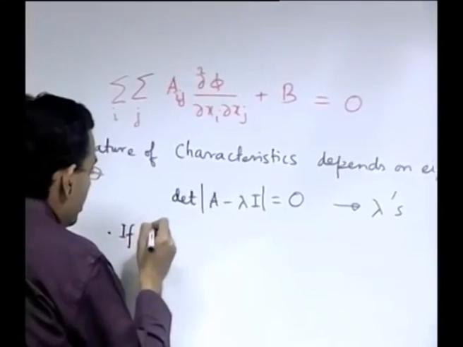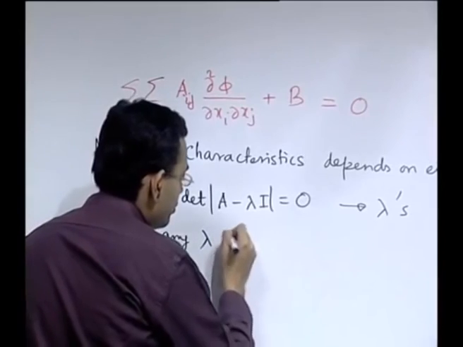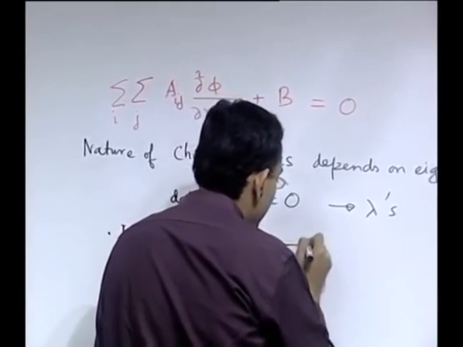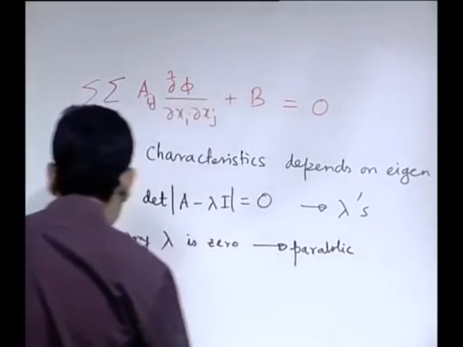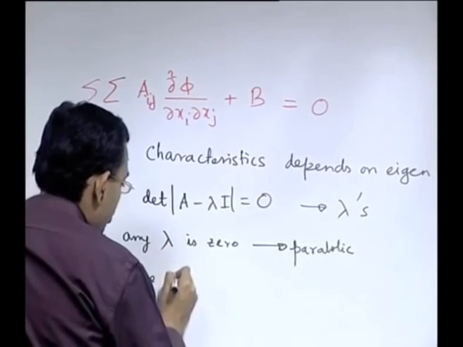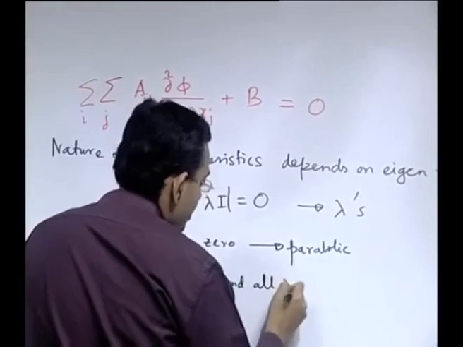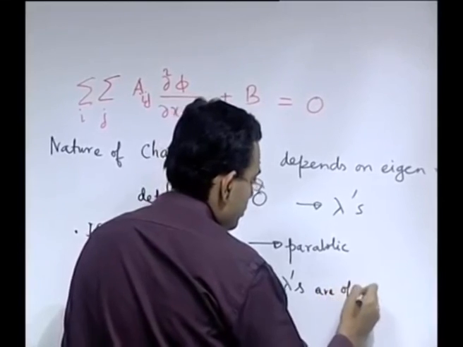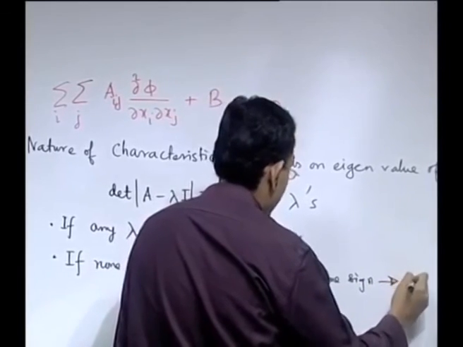If any one of the eigenvalues, any lambda, is 0, then it is a parabolic equation. If none is 0 and all lambdas are of the same sign, then it is elliptic.